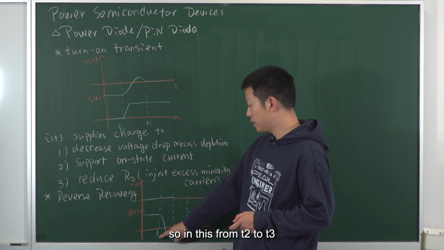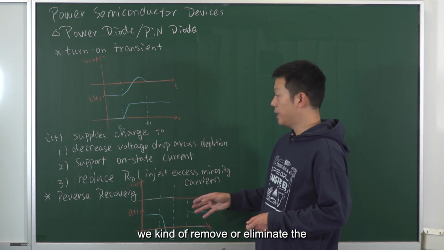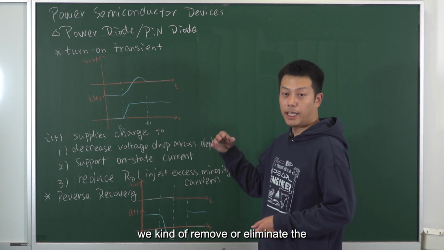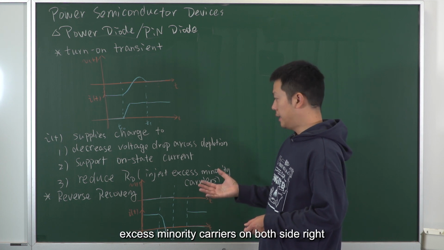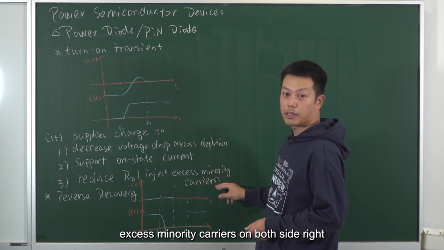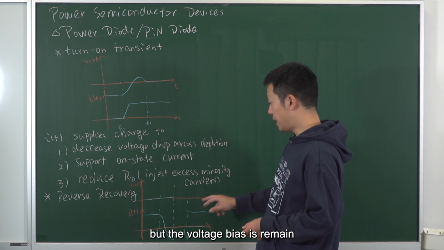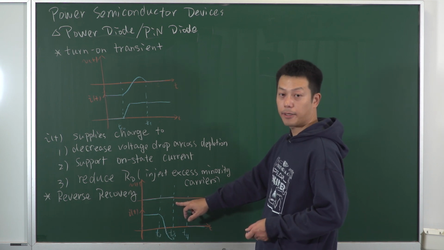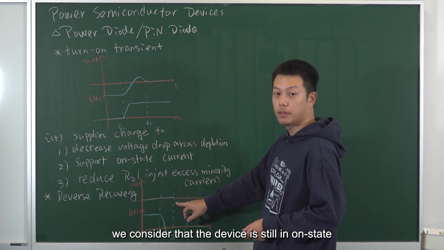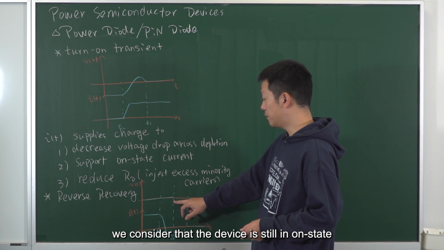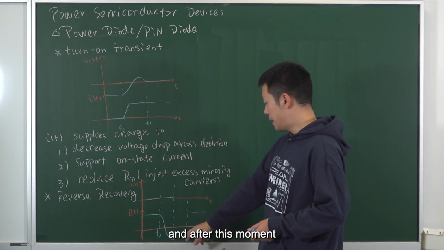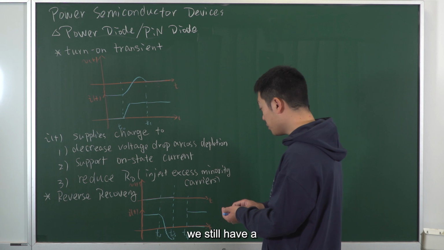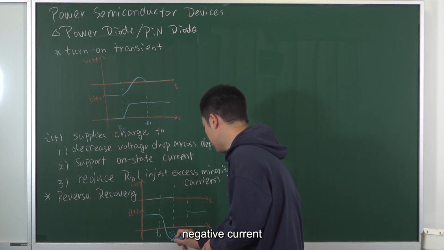So from T2 to T3, we remove or eliminate the excess minority carriers on both sides, right? But the voltage bias remains equal to 0. We consider that the device is still in on state. And after this moment, we still have a negative current.